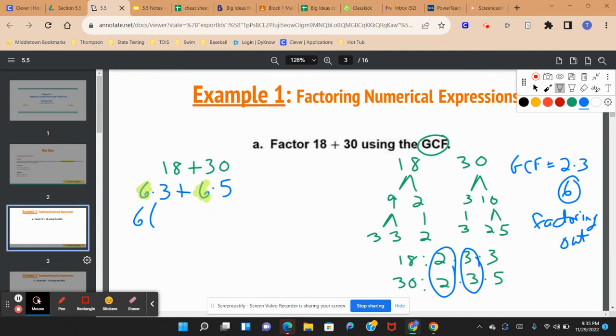That 6 goes on the outside. Here's your parentheses, there's your plus sign. Now we need to know what goes here, and it's whatever is left. So we have a 3 and a 5, and that's your answer.